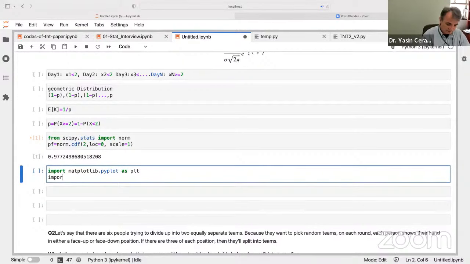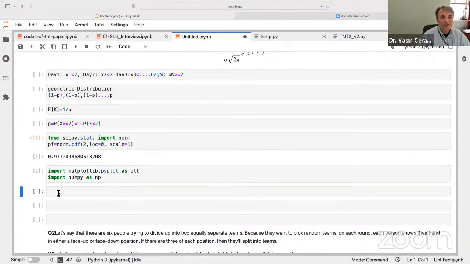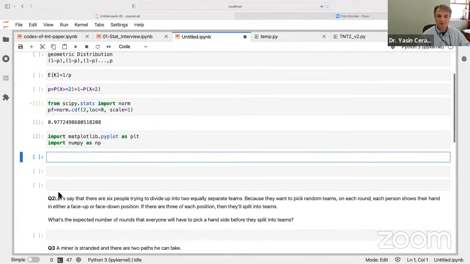Let me also import NumPy. Okay, so let's import this, and then I'm just going to draw a standard normal distribution. I know that it's between negative infinity and positive infinity, but I'm just going to look at -3 and 3. So that will cover the majority of the area under the curve.